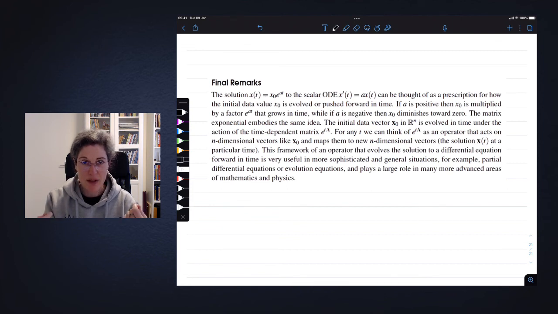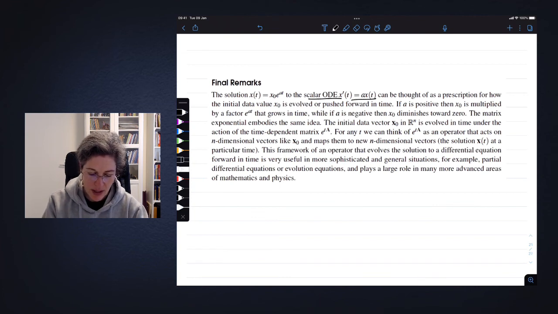What's kind of relevant if you're going to go on with physics is this idea that our solution, if we're thinking about just a scalar ODE of this form here, our solution here is really a prescription of how our initial value, our x naught, is evolved over time.